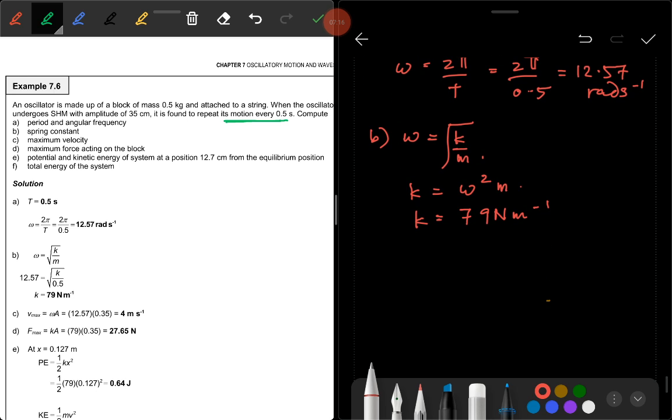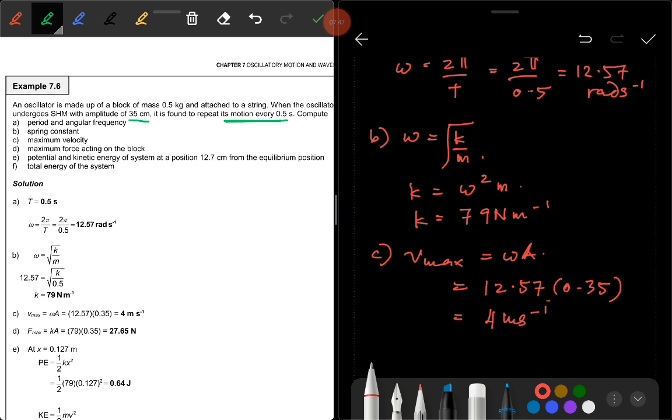And then the maximum velocity. Remember the equation of the maximum velocity is omega A. Omega is 12.57, and A is 35 cm, so A is 0.35 meter. When you calculate, you will get 4 meter per second.